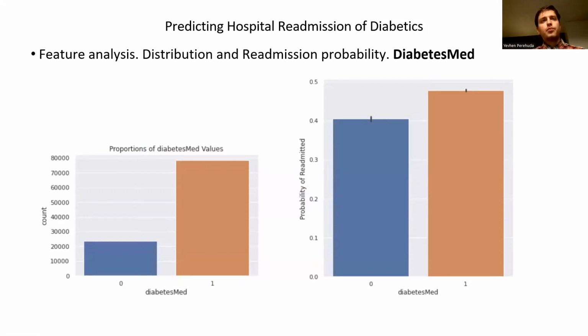What we can see from after, we can see that for diabetes medication, in case the feature is yes, has a value 1 or yes for diabetes medication, our patient will more probably be readmitted.